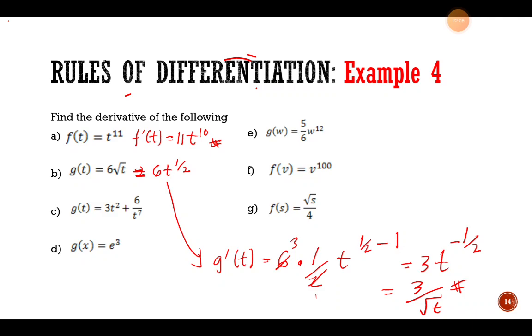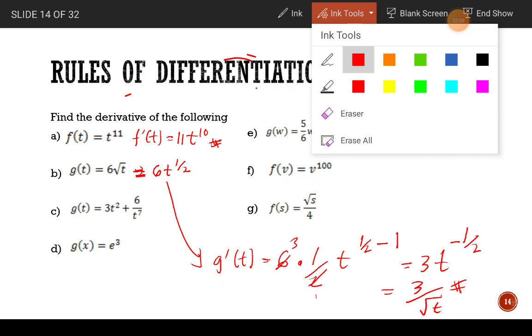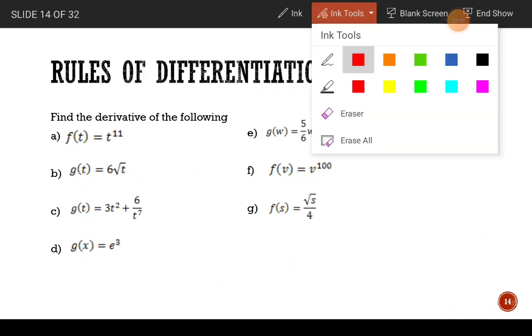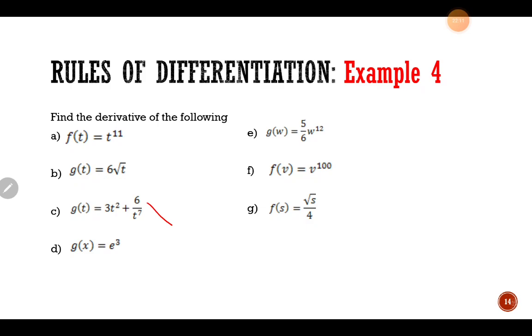Okay, now let's have a look untuk C pula. Okay, untuk C ni we have GT ni. GT ni pun sebenarnya sama dengan, kalau you nampak tak familiar macam payah je ni, kita naikkan atas semua. 3T square tambah 6. T power of 7 ni over T power of 7 maknanya T power of negative 7.